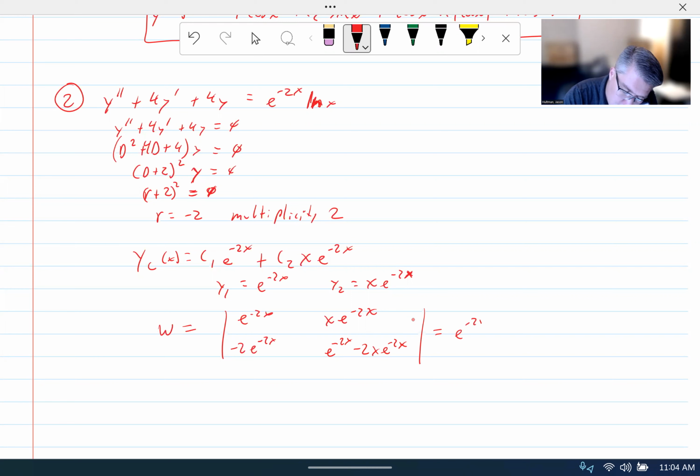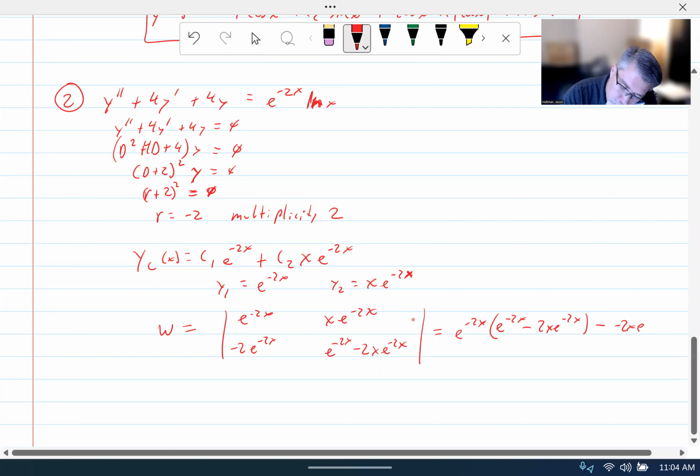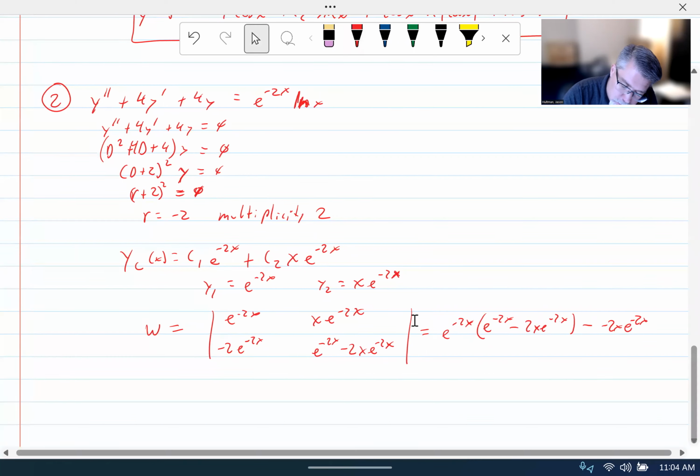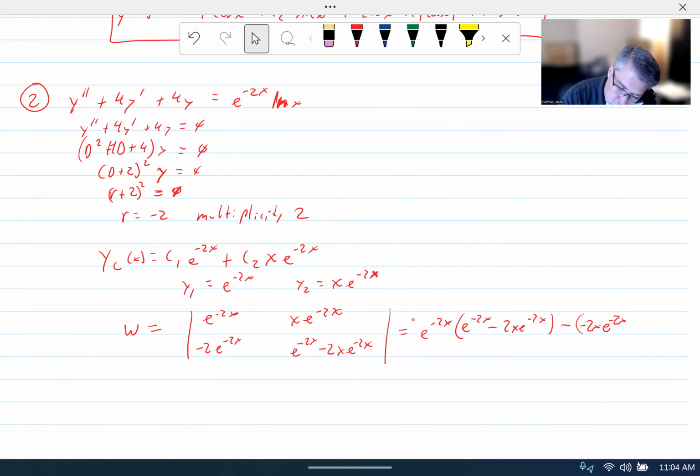So this is e to the negative 2x times e to the negative 2x minus negative 2x e to the negative 2x times x e to the negative 2x.